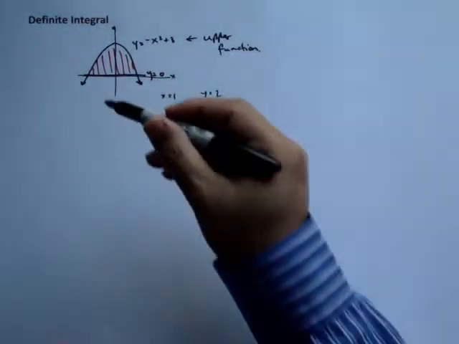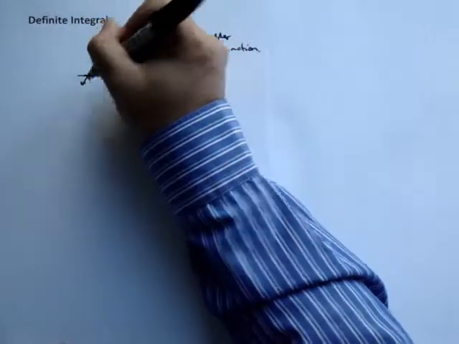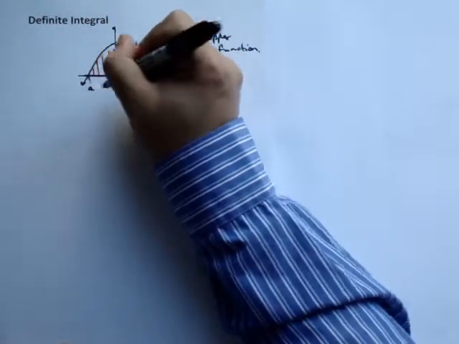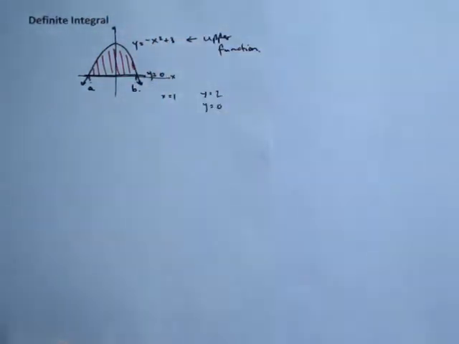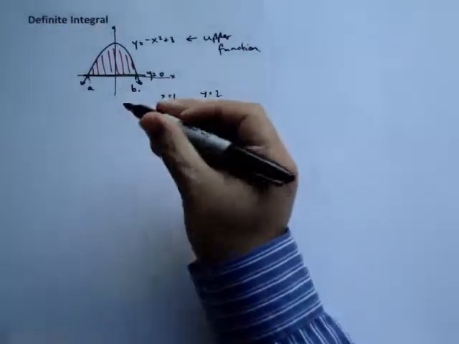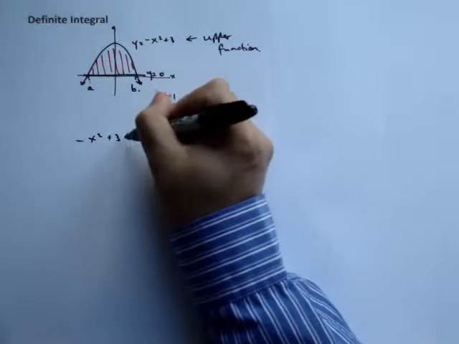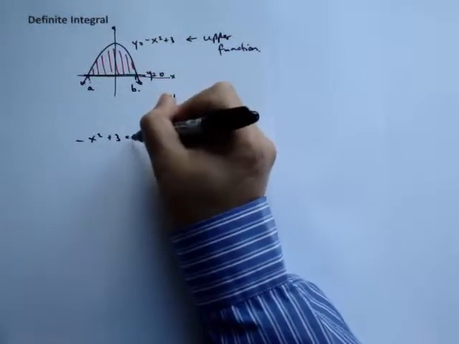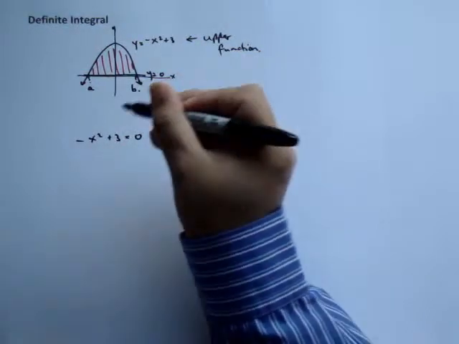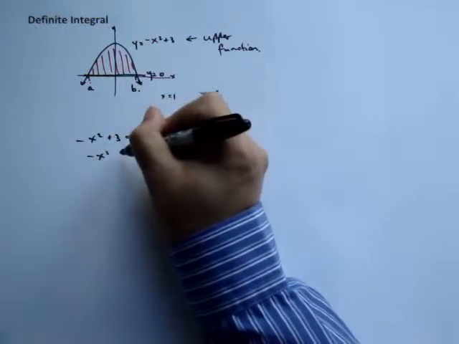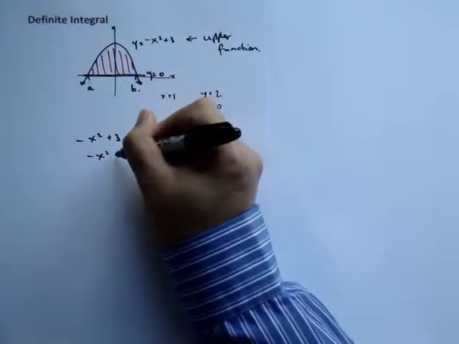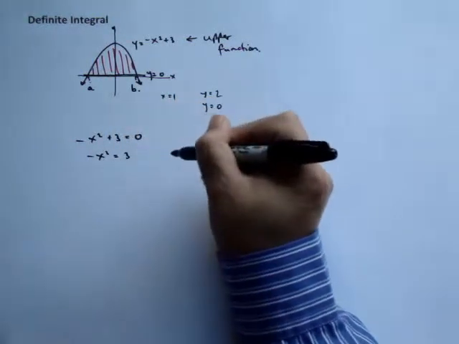Now we need to know which are our a values and b values. So we have minus x squared plus 3 and set that to 0. So minus x squared equals minus 3.